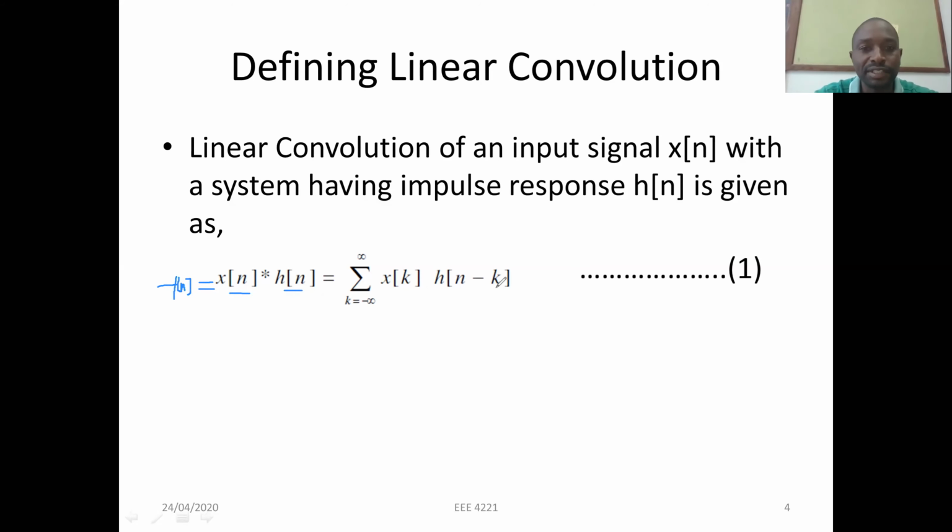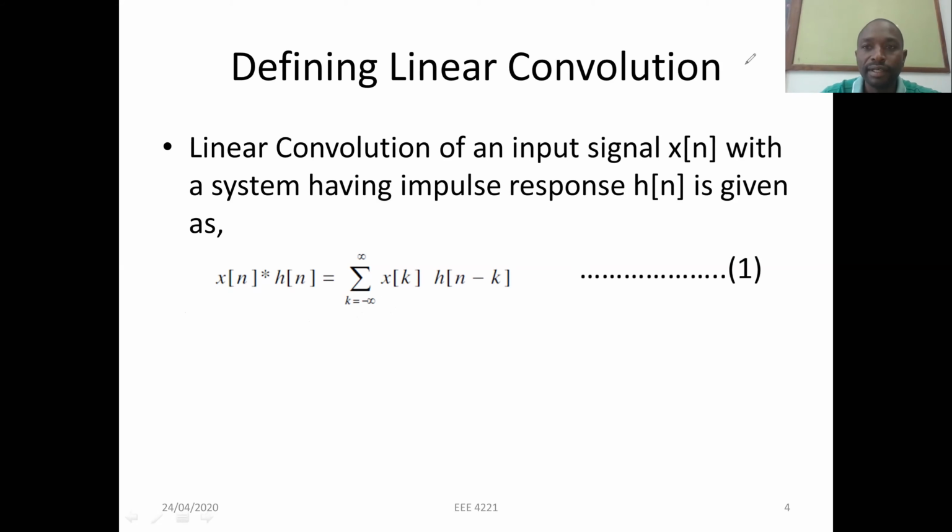Though practically most signals will run from k equals 0 to some value, say k equals 5 or k equals 8 and so on. So equation 1 forms the basis of the definition of convolution, and we'll be using this equation in resolving convolution of two signals, x of n and h of n.